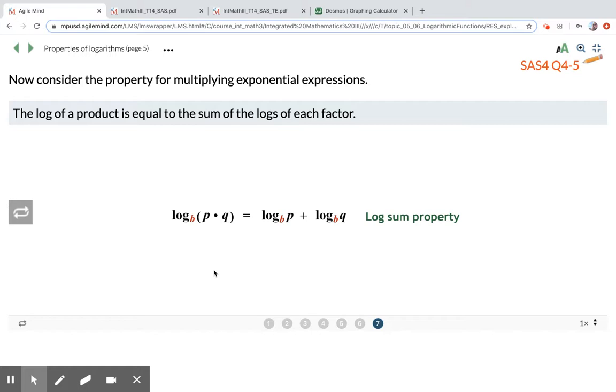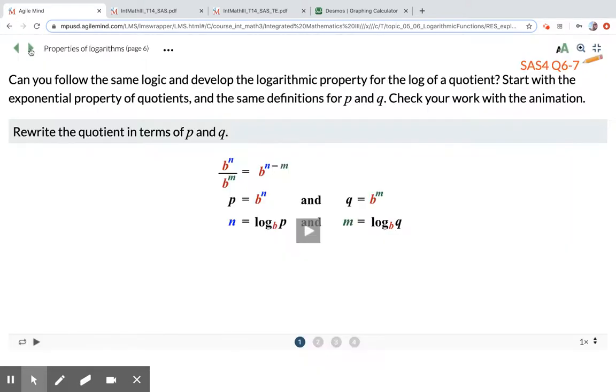This is such a cool property. I don't know if you even realize how cool a property this is. We'll be able to take advantage of that in the future. So if we can do this for multiplication, what do you think happens with division?